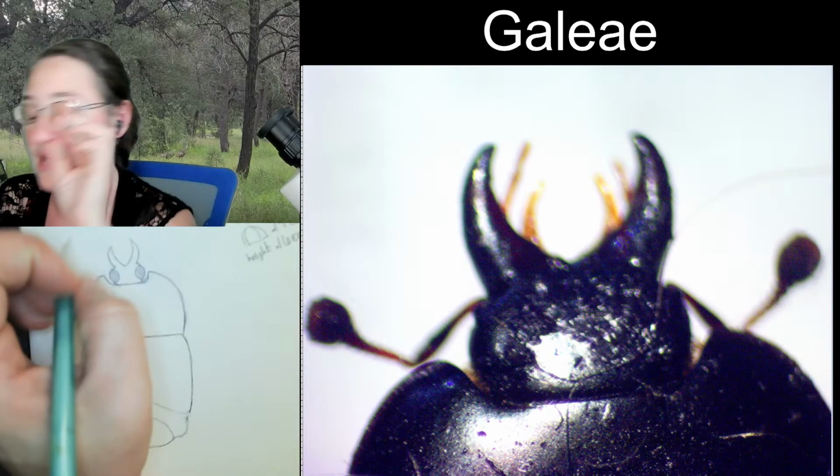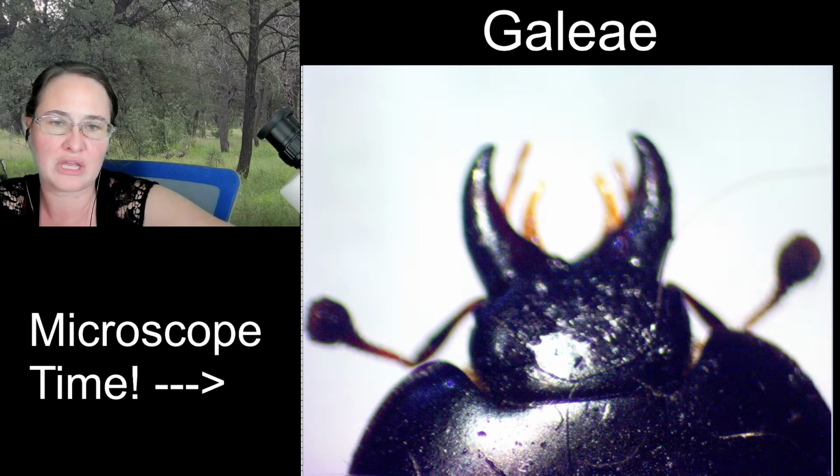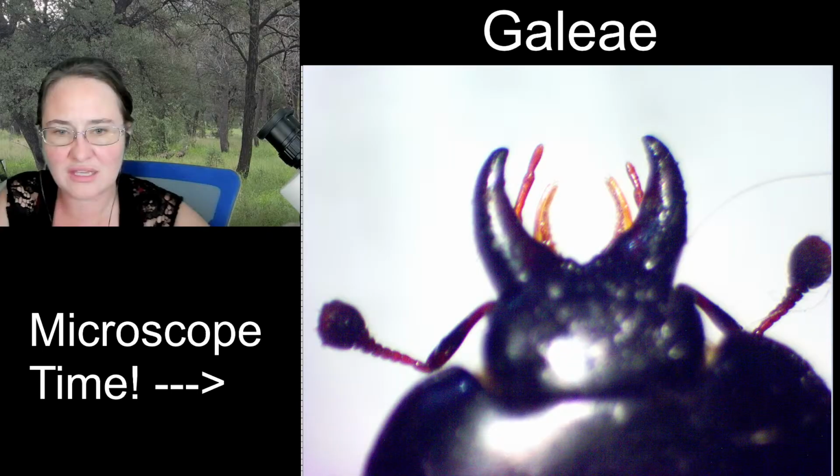And then I'm going to kind of finalize these mandibles here for myself. The one thing that I'm noticing is that I don't think that I made the base of the mandibles wide enough on my drawing. So I'm going to change that slightly.